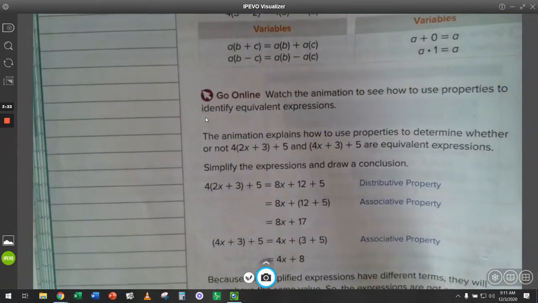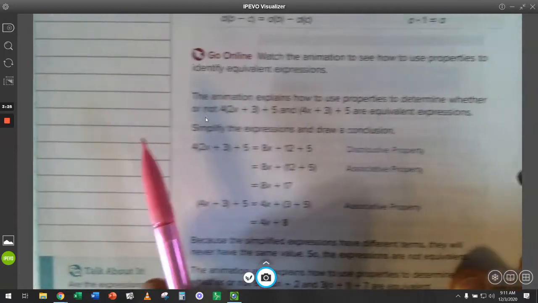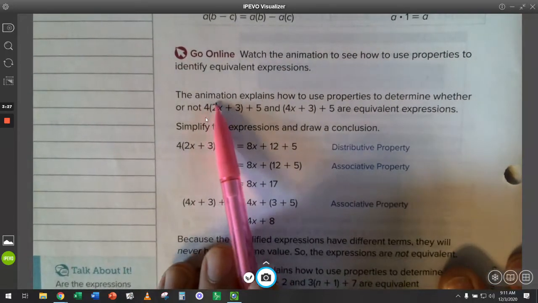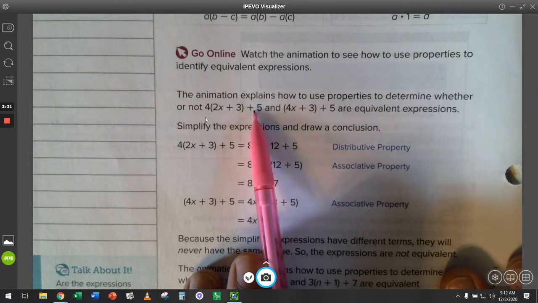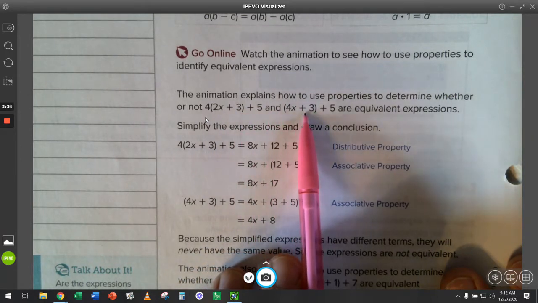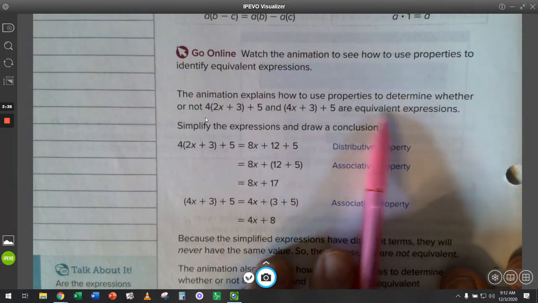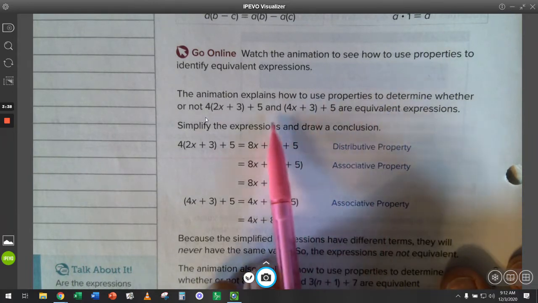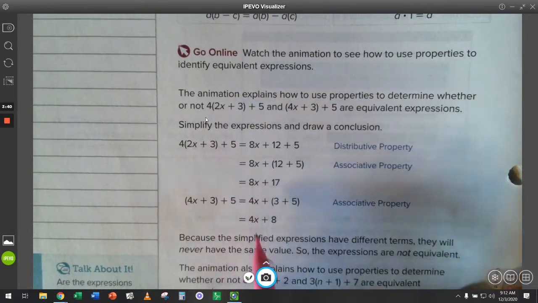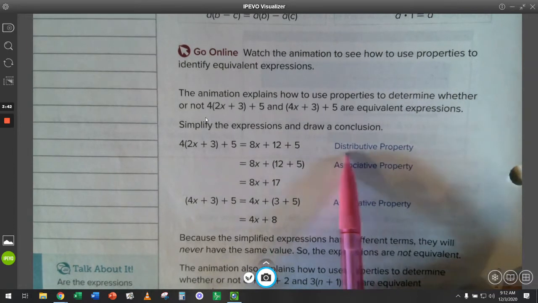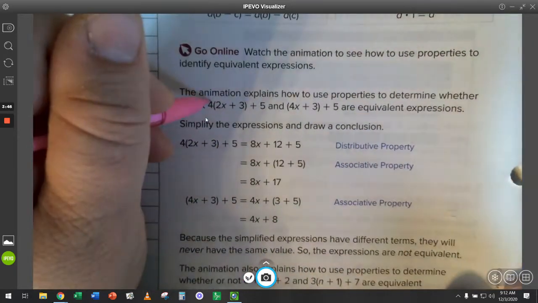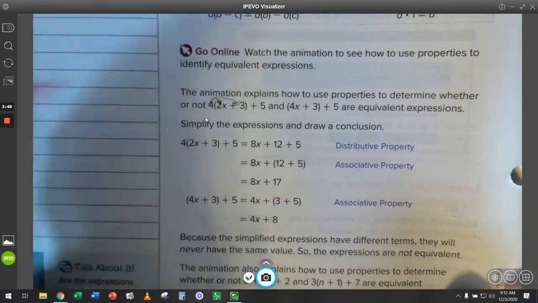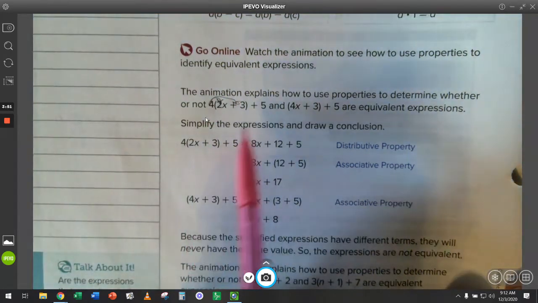So when we take a look at a problem like this right here, 4 times 2x plus 3 plus 5 and 4x plus 3 plus 5, we know that they are equivalent. What we can do is simplify the expressions, and then we can figure out what property they are using. First things first, we can use the distributive property to solve here, okay?